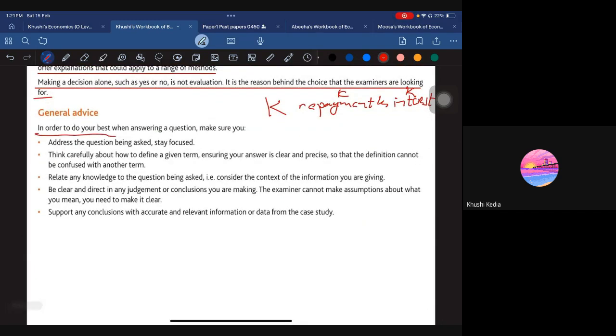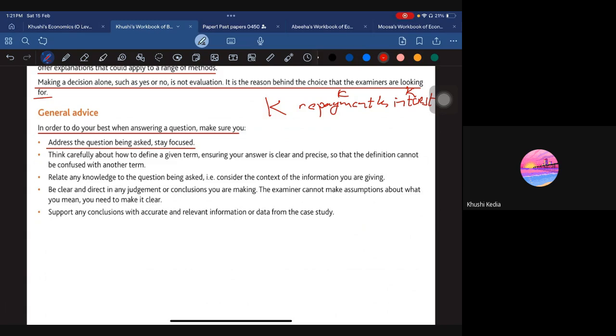In order to do your best when answering a question, make sure you address the question being asked, which means you have to stay focused on what he's asking, the impact. Sometimes what students do is that if the question is asking you to do something and they have written about stakeholders, they are giving the benefits.